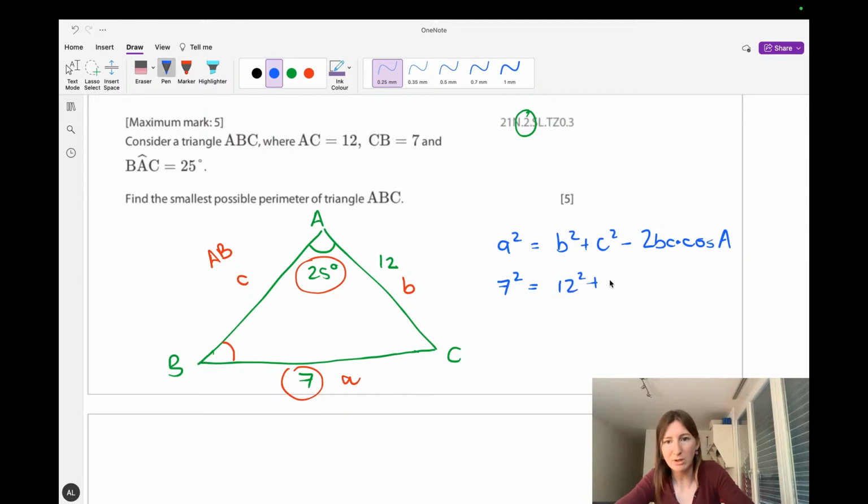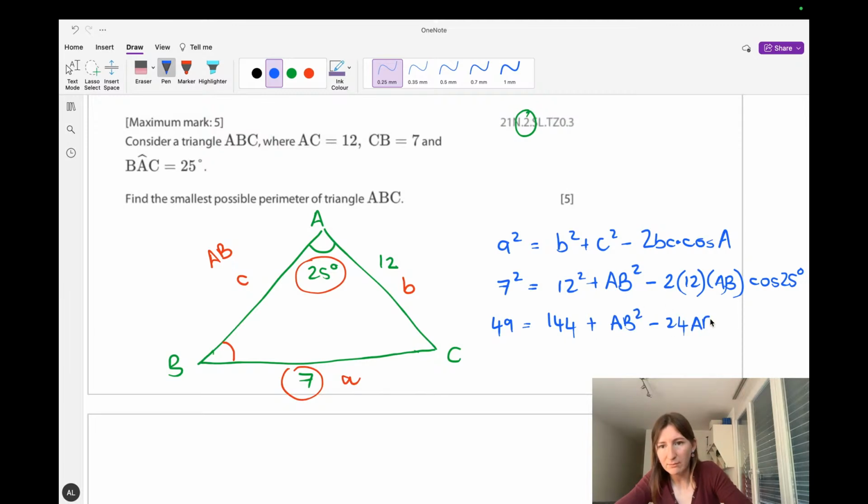What we don't know is AB, squared, minus 2b was 12, c was AB, and cos of A was cos of 25. So AB, we're wanting to find that. Let's keep going. That's 49 equals 144 plus AB squared minus 24 AB cos 25 degrees.